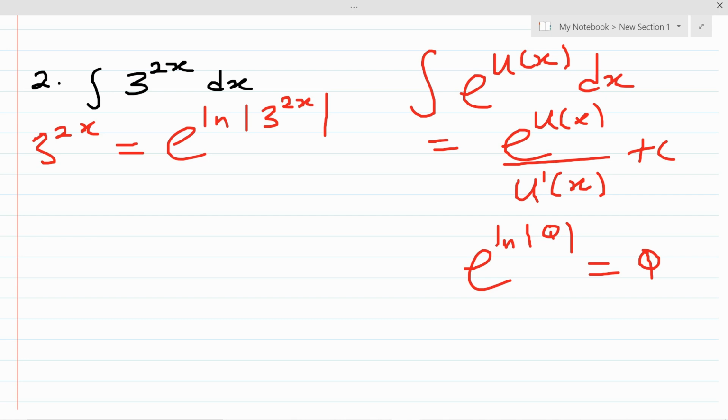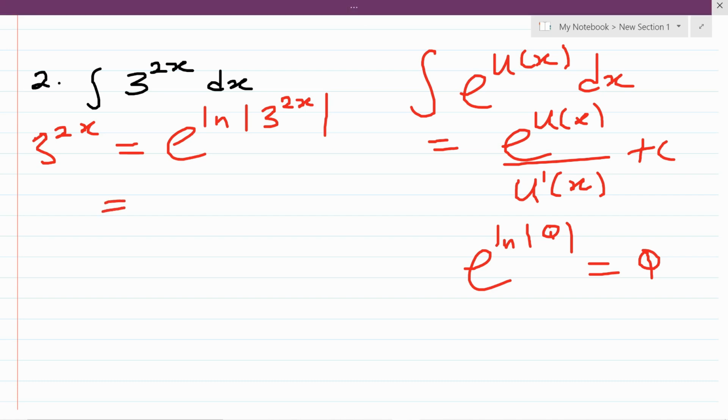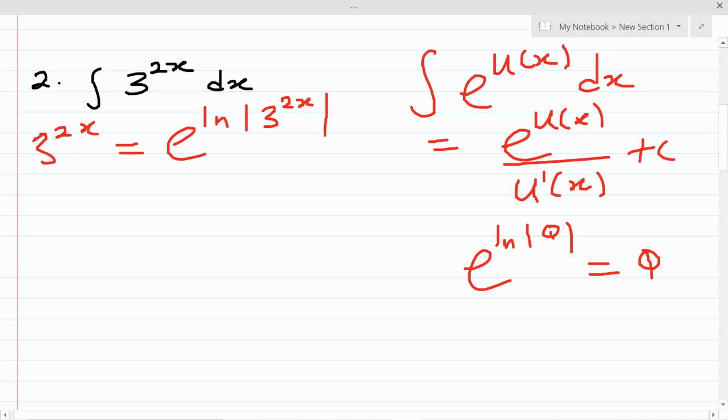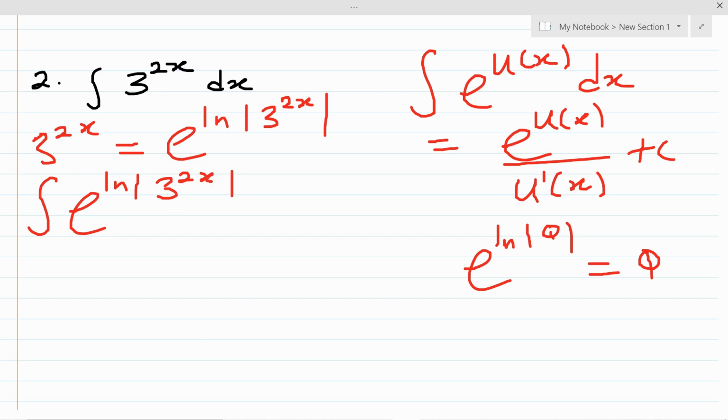If we continue from logarithm, let me stop here, because I don't want a situation whereby things will get messed up. Now, to integrate 3 to the 2x is the same as integrating e to the ln of 3 to the power 2x dx. This is very simple, right?